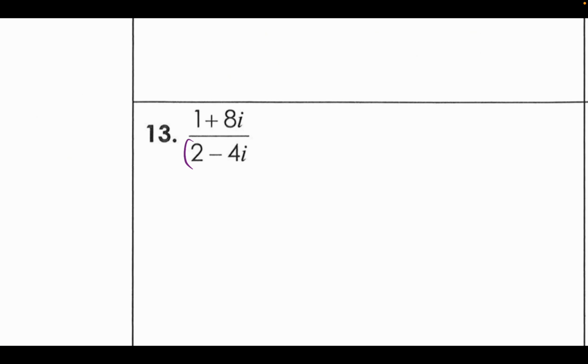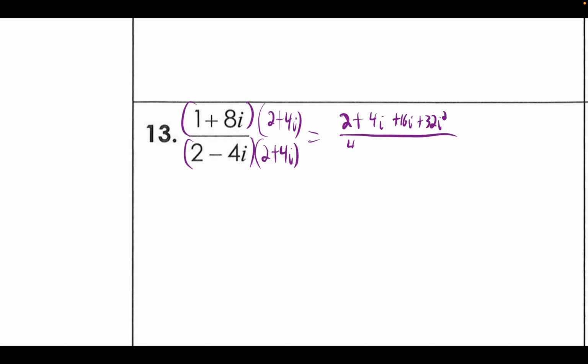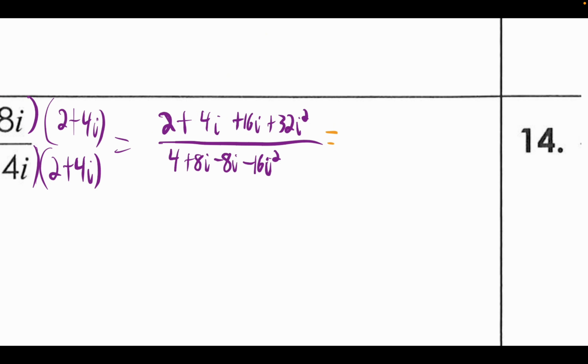Number 13. Once again, multiply by the complex conjugate of the denominator, which would be 2 plus 4i. This ends up giving me 2 plus 4i plus 16i plus 32i squared over 4 plus 8i minus 8i minus 16i squared. And so on the top, we end up getting 2 plus 20i minus 32.